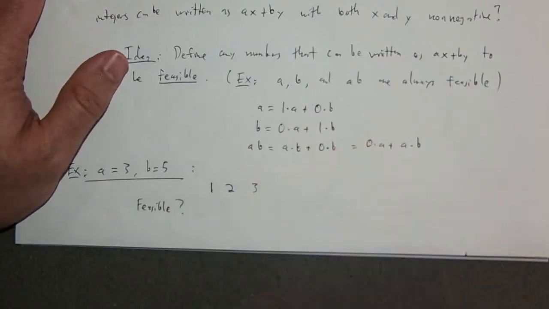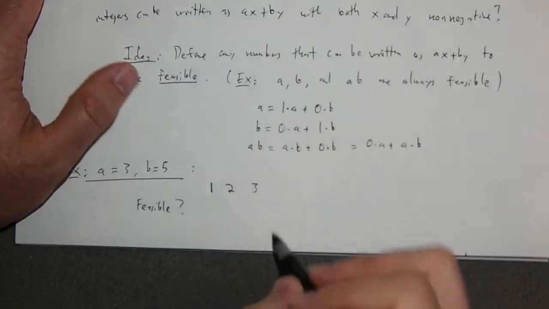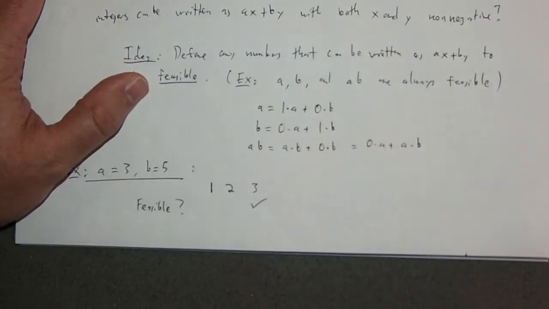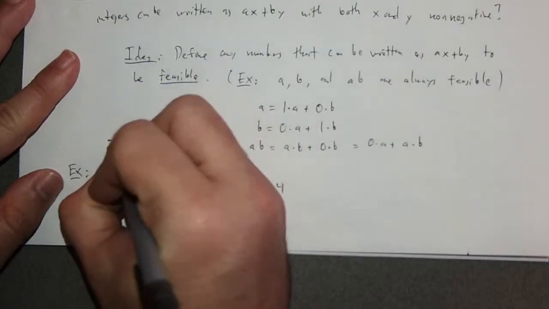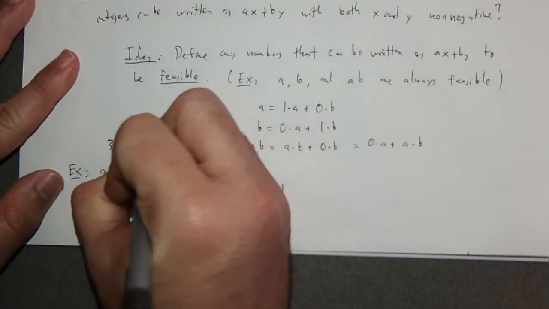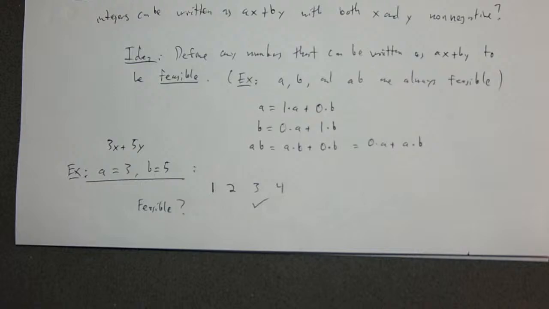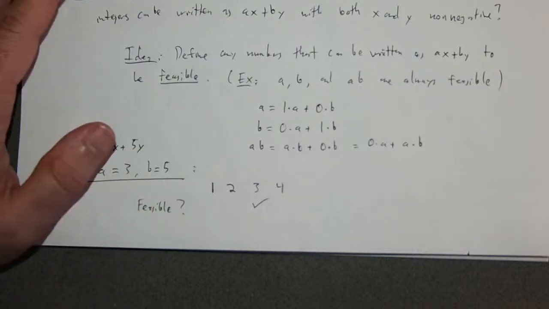Of course, it's trivial to write 3 as a linear combination of 3 and 5. Okay. Can I write 4 as a linear combination of 3 and 5? You can think about that for a second. I actually can't, right? So the expression I'm looking at here, of course, is 3x plus 5y. I can't write 4 as a linear combination, 3x plus 5y, where x and y are both non-negative.